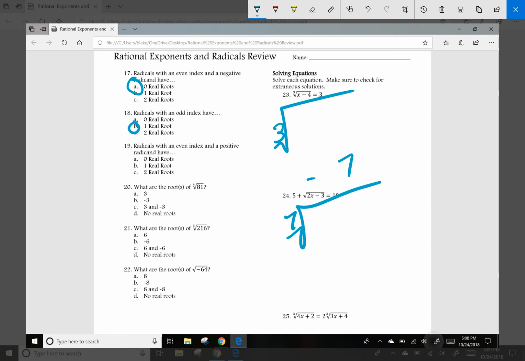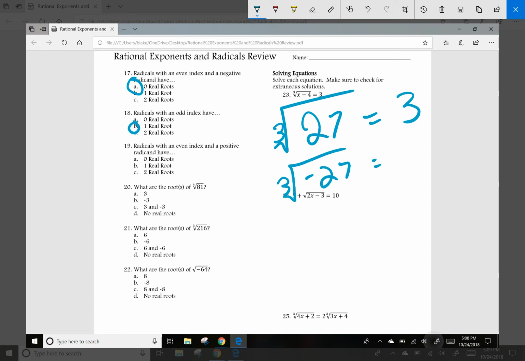So for example, the cube root of 27 is 3. The cube root of negative 27 is negative 3. So the cube root has 1 root regardless, 1 answer regardless. Each of these is different, and they each have 1 root. If it's positive on the inside, your root is also positive.